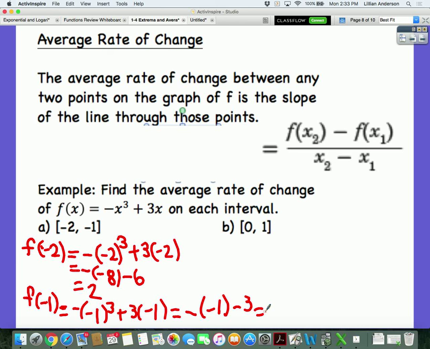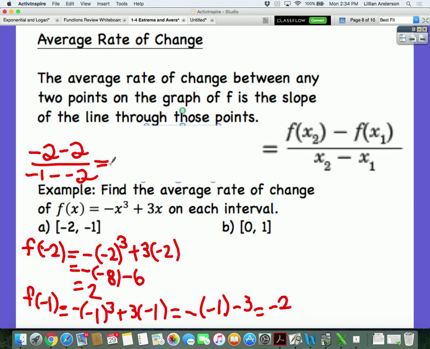What's this value? -2. So I need my y's in order to find my slope. f of x2 is -2. f of x1 is +2. So I just plug into the formula. -2 minus 2 all over -1 minus the -2. Simple as that.